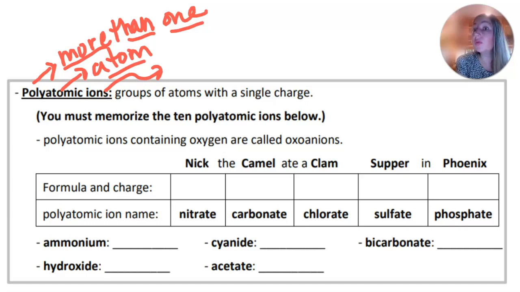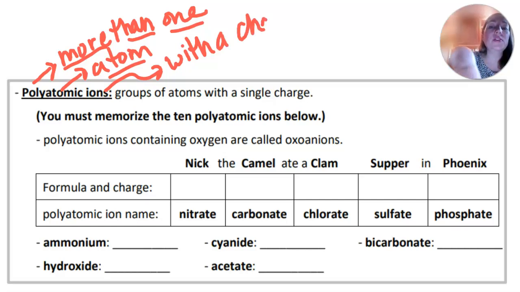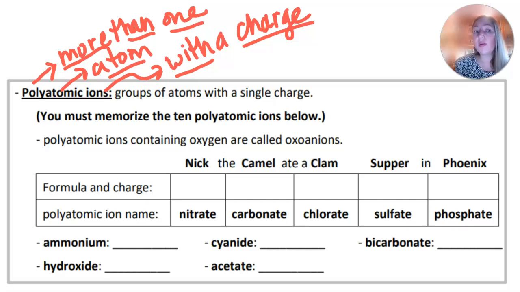Well, those are atoms with a charge, right? So these are multiple atoms put together and they have a charge. Groups of atoms with a single charge. There's 10 of them that we really need to know. But there is a good way to remember them.